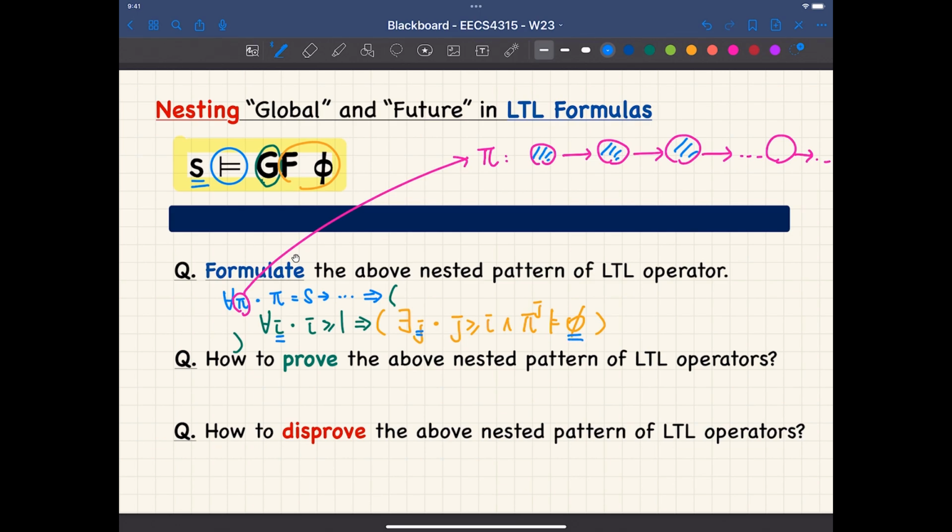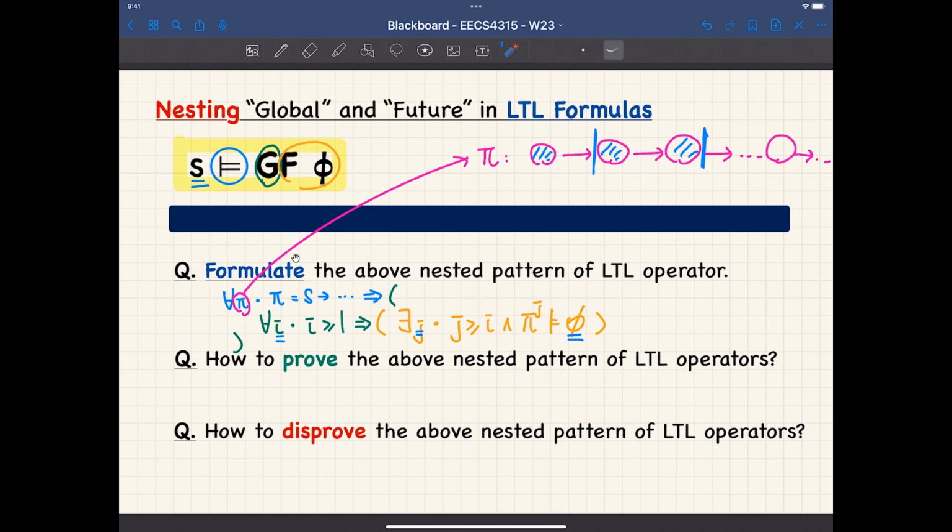So maybe the later state could be here, the later state could be here, and etc. So it never ends, this pattern. So that basically means the phi is basically always true. Doesn't need to be at consecutive states, but always it should be true. You cannot wait indefinitely for that to be true.